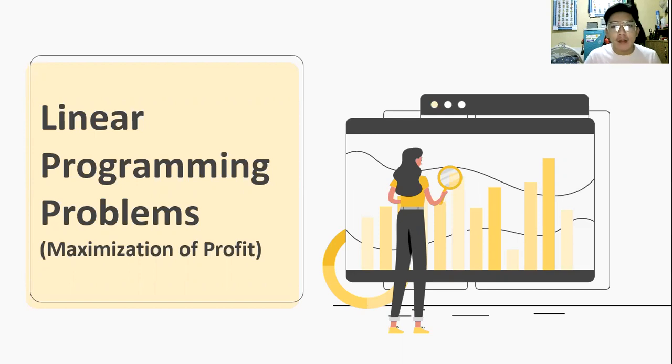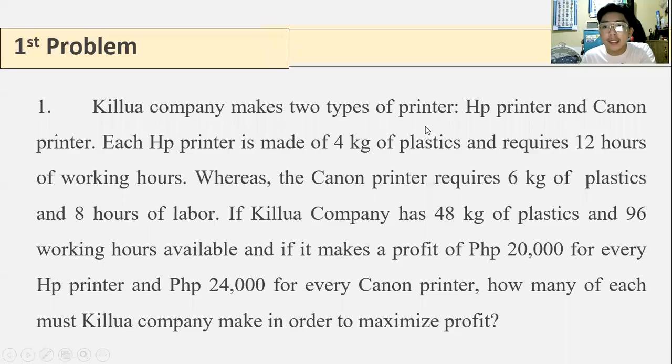Okay, so for a more specific example, I'm going to demonstrate a problem. Here's the problem that I made. Kilua company makes two types of printer, HP printer and Canon printer. Each HP printer is made of 4 kilograms of plastics and requires 12 working hours, whereas the Canon printer requires 6 kilograms of plastics and 8 hours of labor.